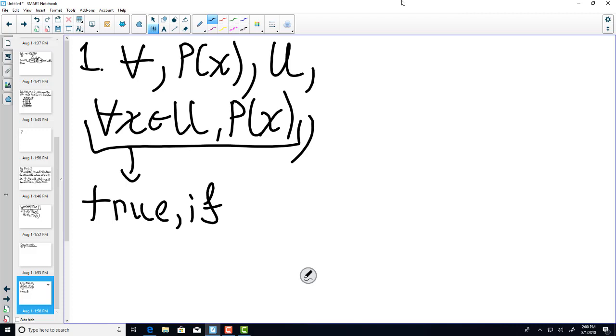So if there exists at least one x for which P(x) is not true, then this whole thing is false.